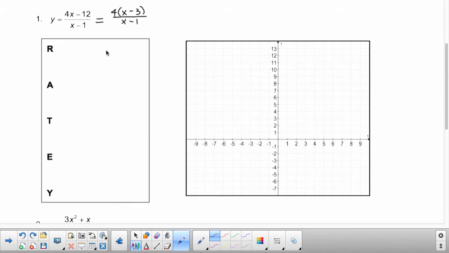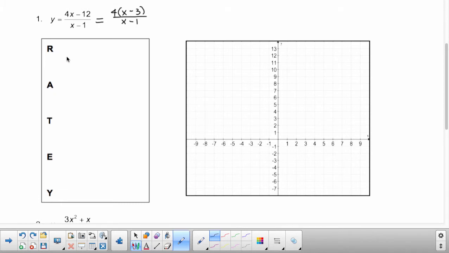Just a quick note, sometimes with Rady, it'll be easier to look at the factored form, but other times it'll be easier to go back to your original function. So when you're factoring, please make sure to keep your work neat so that you can still reference either of those forms.